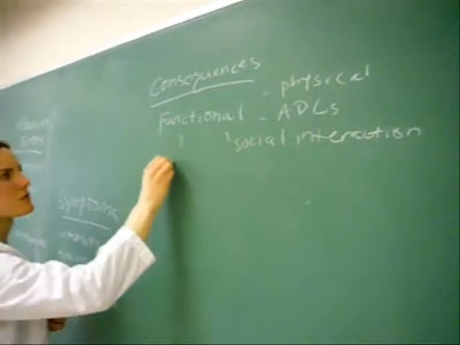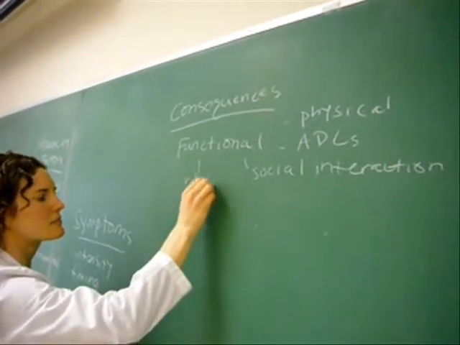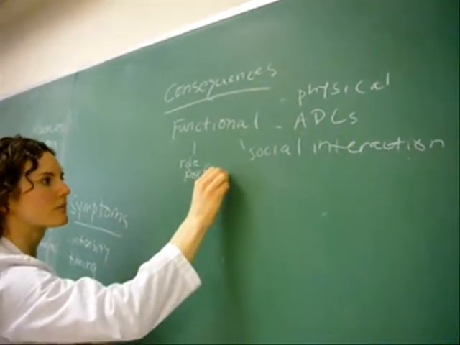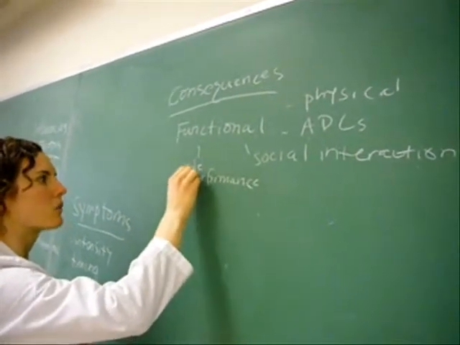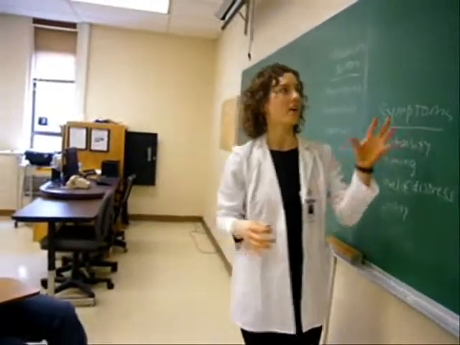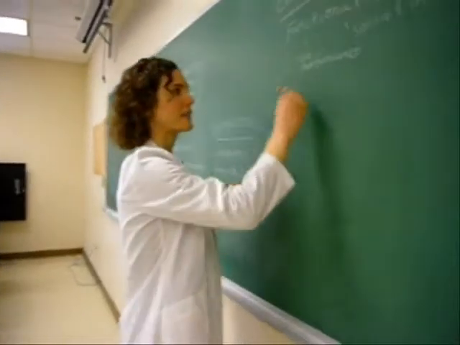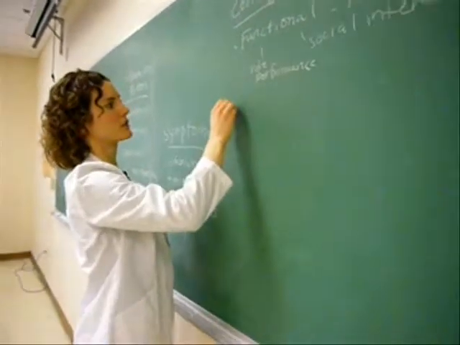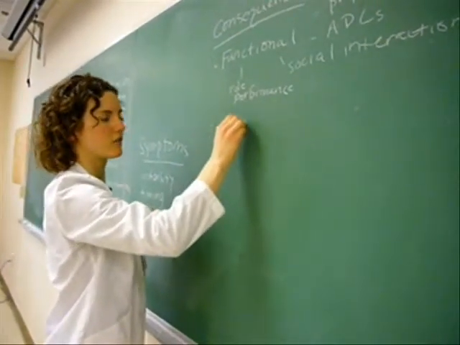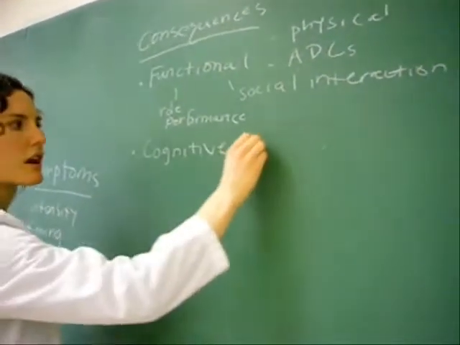And then lastly, there's role performance. So this may be someone's primary role of being a wife, a mother, a daughter, maybe in their job, how that's going to be affected by their symptomatology. And then the second type, after functional here, is cognitive. And here we're going to be looking at problem solving.